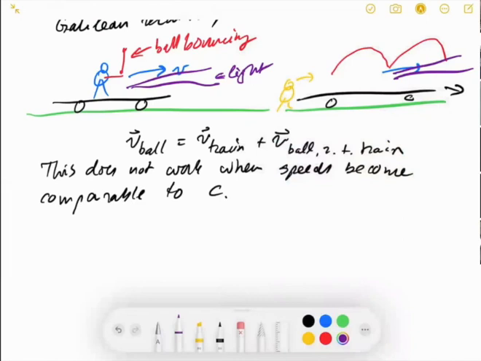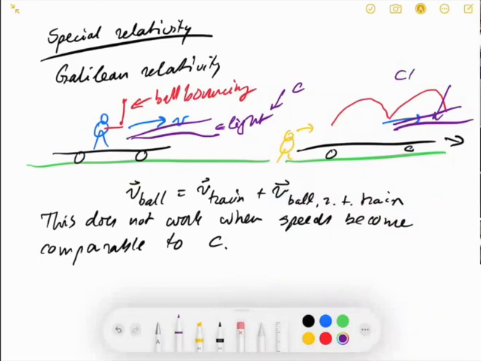And a ray of light here will have a speed c, speed of light, with respect to the tracks. So with respect to the train, you would expect that this here would be the speed of light plus the v of the train, except that is wrong, as we know.